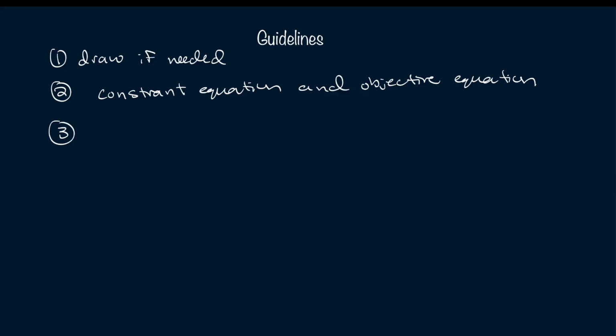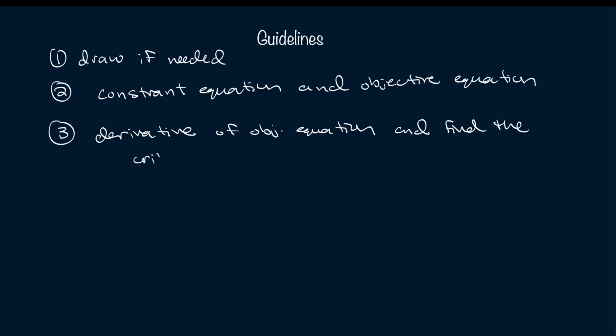Number 3 is you are going to take the derivative of the objective equation and you're going to want to find the critical points, kind of what you've been doing in other ones.